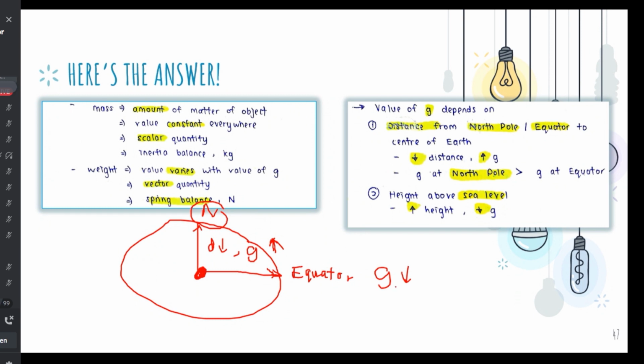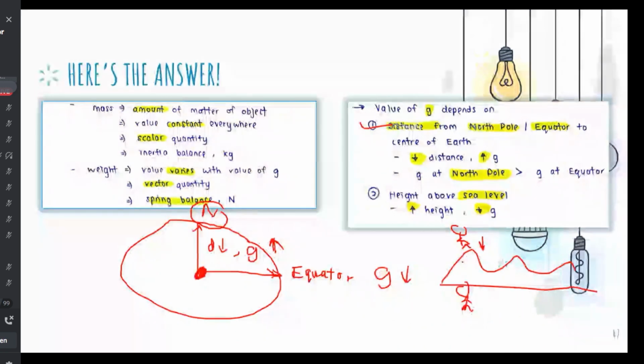And the next one is height above sea level. Sea level is like those mountains, and we always hear of how many feet above sea level. This one is not very important, but this one, yes: the higher you are, as compared to the foot of a mountain, the smaller the gravitational acceleration.